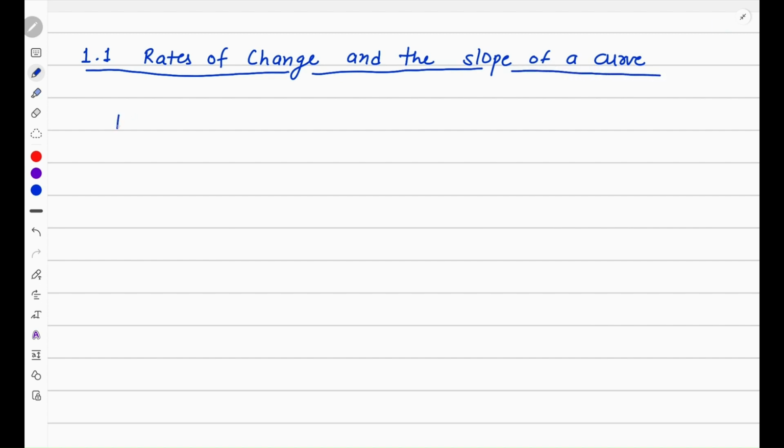Now the rates of change. What does the rate of change represent?